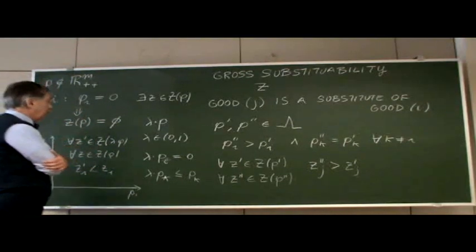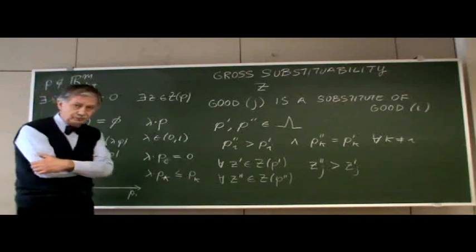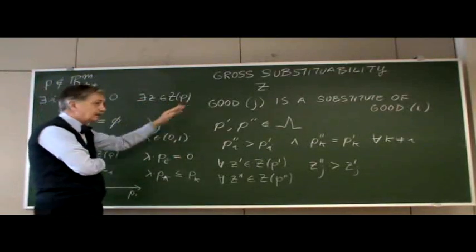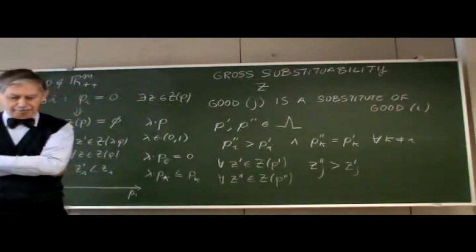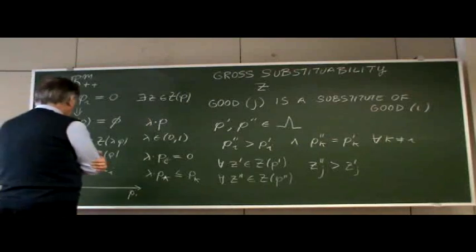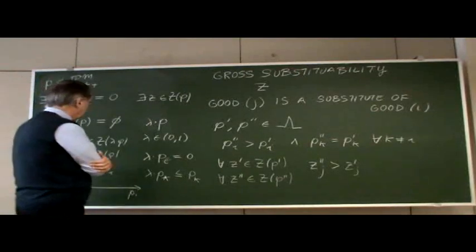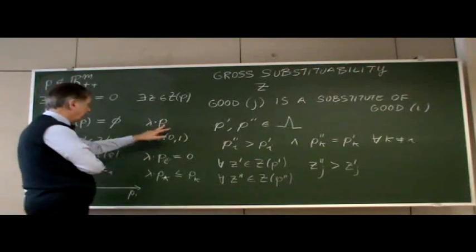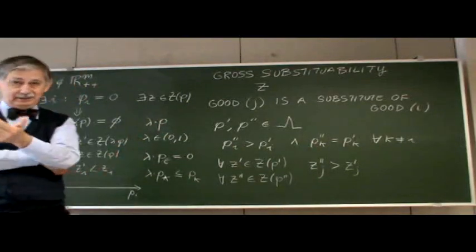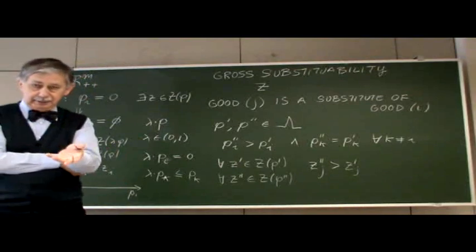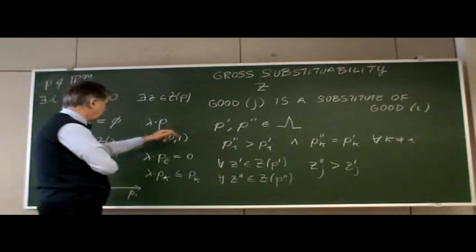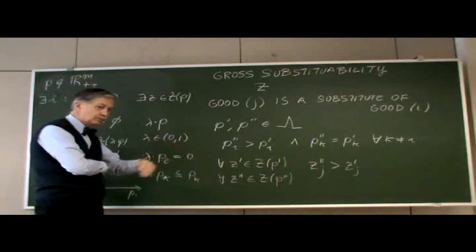Ab absurdo, we suppose that this is not true, that there is a Z in this set. Now multiply the original price system P by a constant lambda. In other terms, alter equiproportionally all the components of P. You obtain lambda times P, where lambda is in 0, 1.